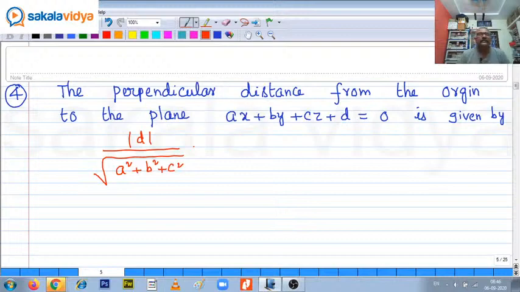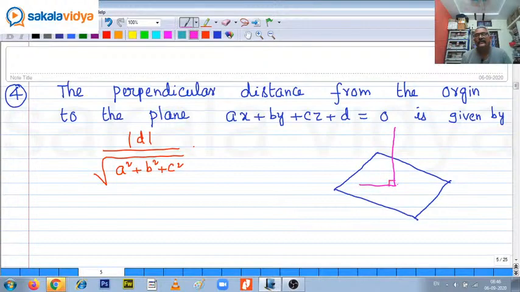straight lines itself. So that means actually we can take a plane like this. For example, this is the plane. Plane is a three-dimensional figure. So now we need to find out the perpendicular distance. This is the perpendicular distance. So this origin, say point A and point B, some 2 points are there on the plane.